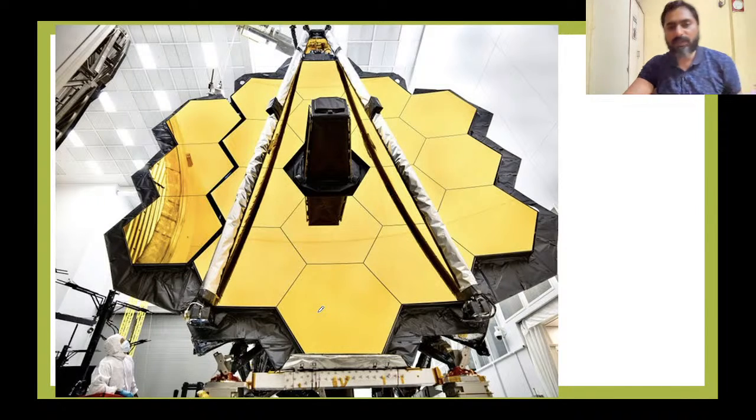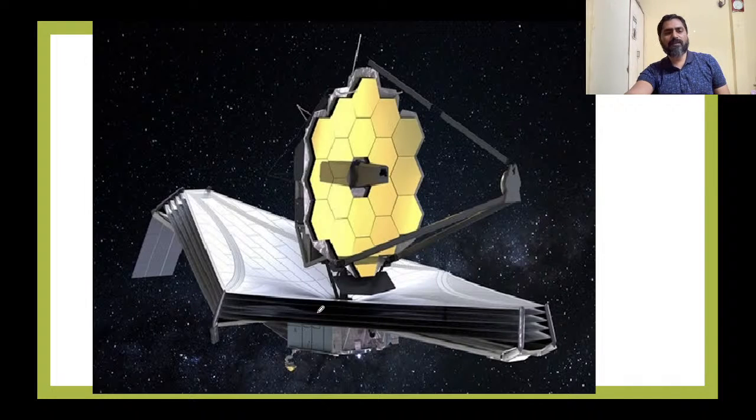But we have also sent another space telescope, which is called the James Webb telescope. You can see it looks very different from the Hubble telescope. It has a concave mirror, and the light will fall on this mirror, and then be reflected onto the focus part, and then we'll make the studies.